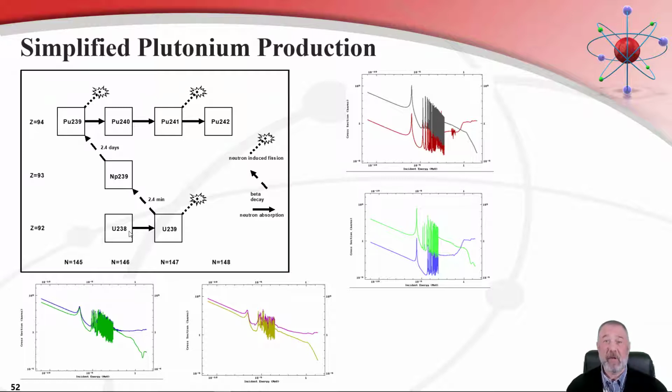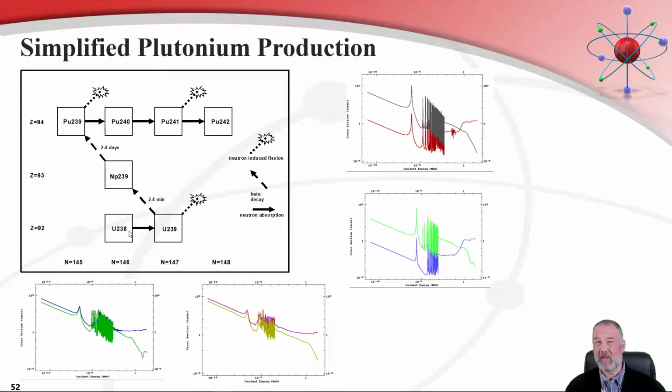It can further capture a neutron and then fission, so we don't have it anymore, or it can decay by emitting an electron, or a beta particle, and this is known as beta decay, and turn into neptunium-239. Neptunium-239 can also capture a neutron and become something else or fission, or it can undergo radioactive decay and become plutonium-239. So that's how we go from uranium-238 to plutonium-239.